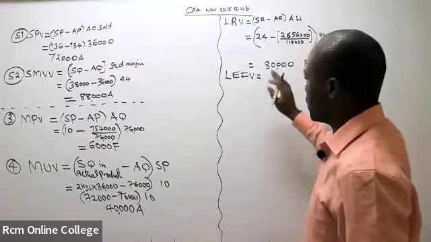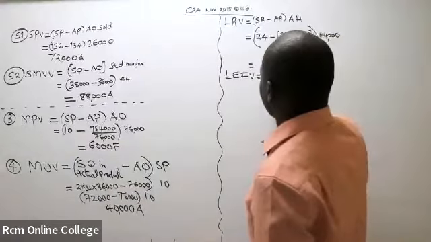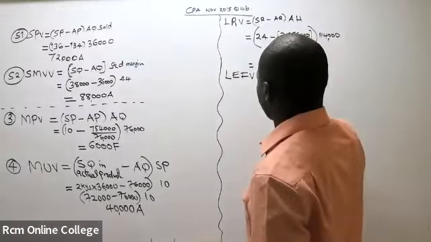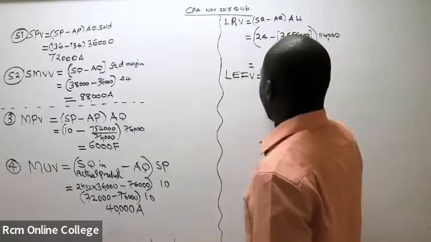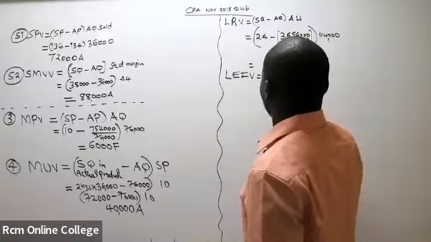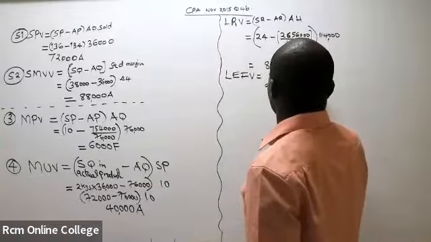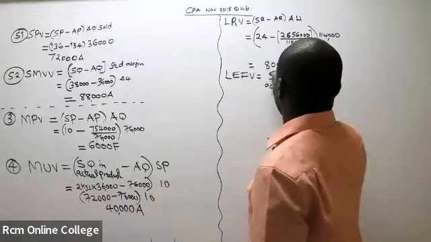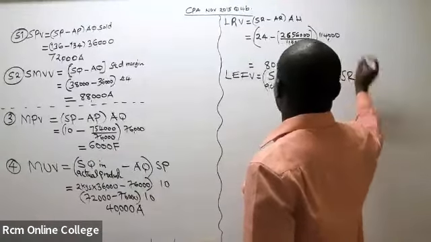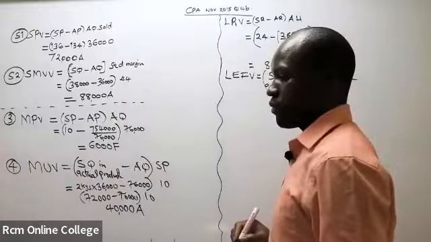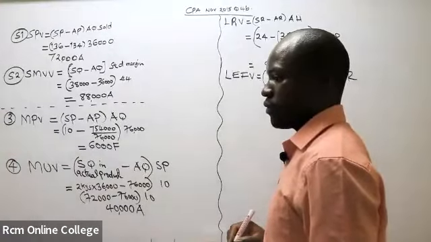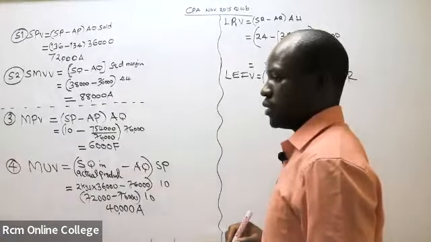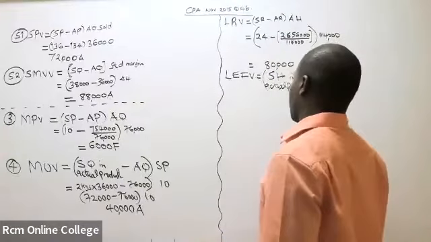So labor efficiency variance is standard hours in actual production minus actual hours, multiplied by standard rate. That is what we need to take care of.